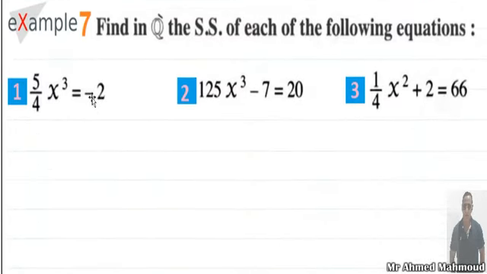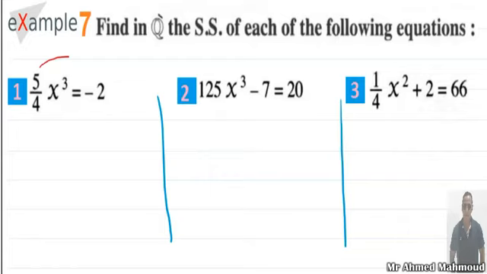Here we have: find in Q dash the solution set of each of the following. We have 3 equations. In the first one we have 5 over 4 cubic root x, x to the power 3, equals negative 2.